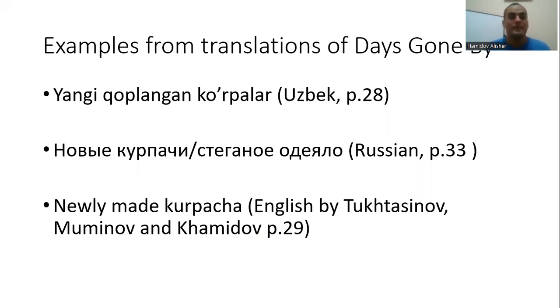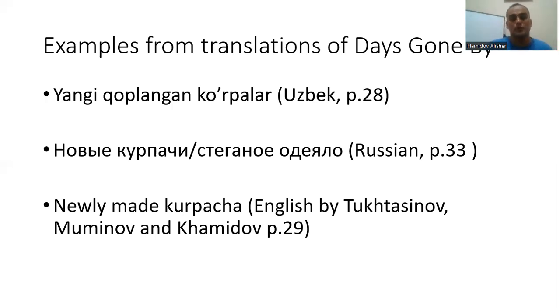We also tried to preserve the shape of the word: ko'rpa means a big one, like a blanket, and ko'rpacha is the small one, which you sit on. That's why we thought that ko'rpacha would be a bad idea, and we tried to preserve it, and we said "newly made."